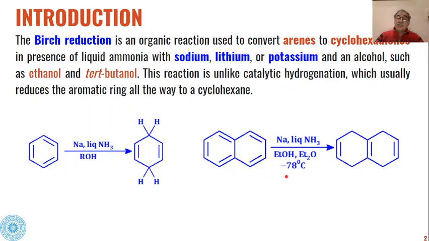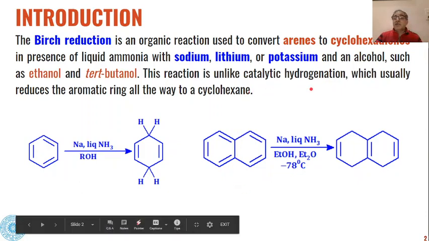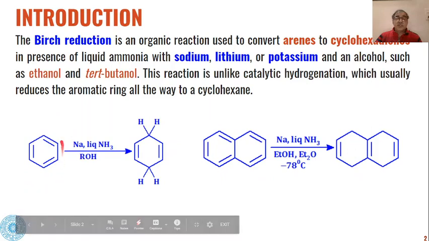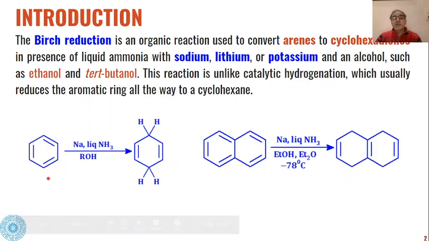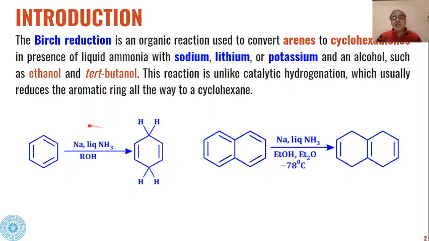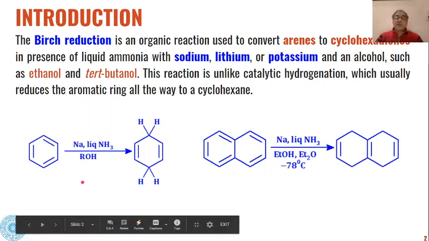If we compare with catalytic hydrogenation, then all the carbon-carbon double bonds are reduced to give us a cyclohexane. So we can say this is a very good selective reaction wherein only some of the carbon-carbon double bonds are reduced. So this is an example of partial reduction of aromatic systems.